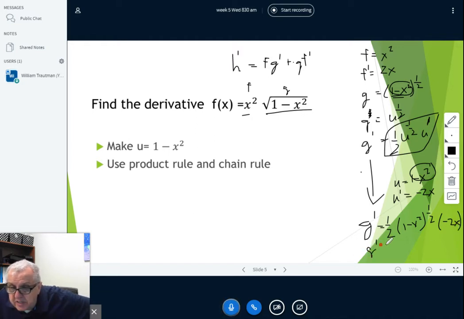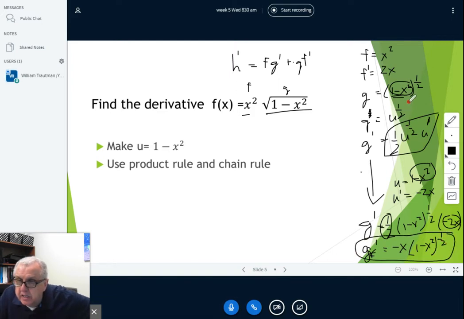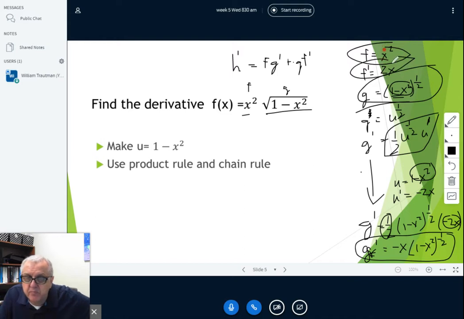And if I simplify this a little bit, that's a g. That's supposed to be a g here. Negative 2x times 1/2 is just a negative x. So there's my g prime. There's my g. There's f and f prime.